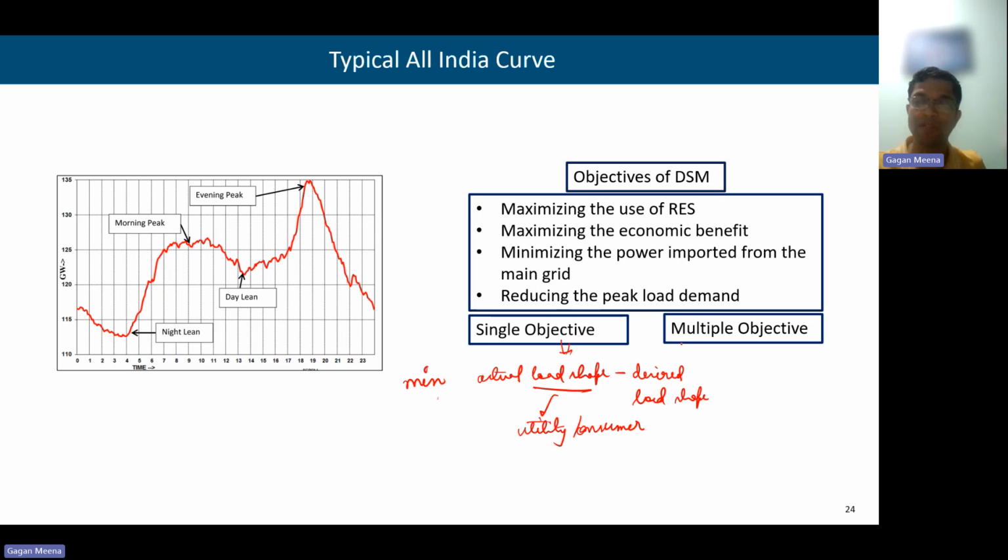However, in the multi-objective system, we want to minimize the actual load shift minus 0.5 of the desired utility load shift, minus 0.5 of the desired consumer load shift.